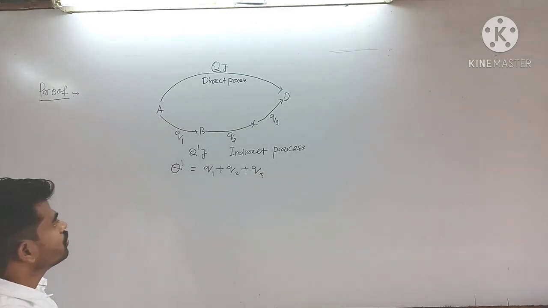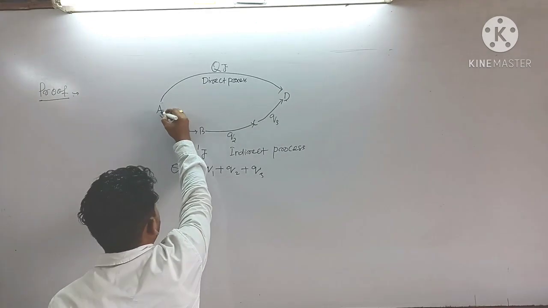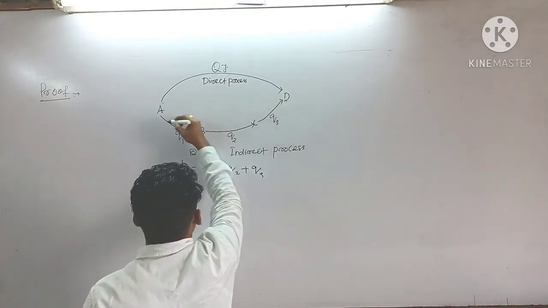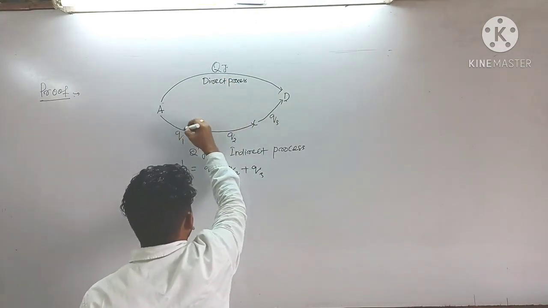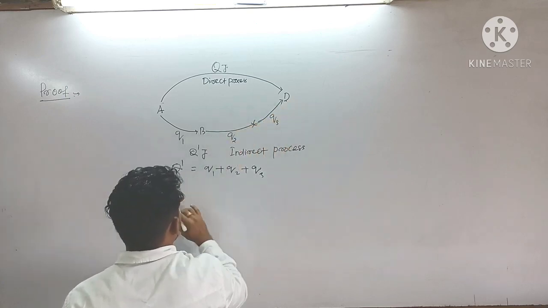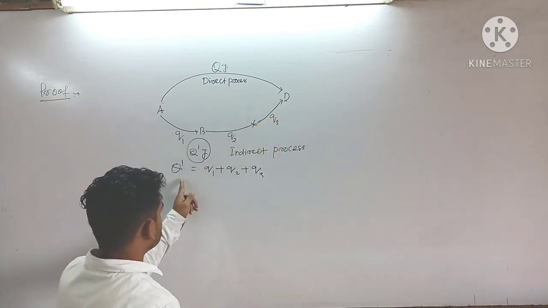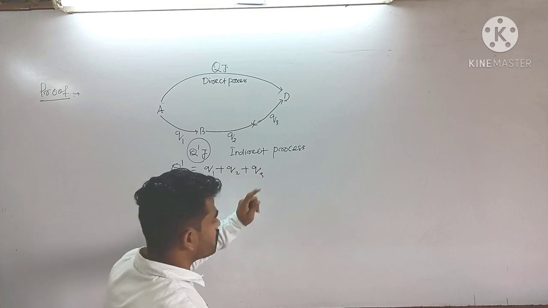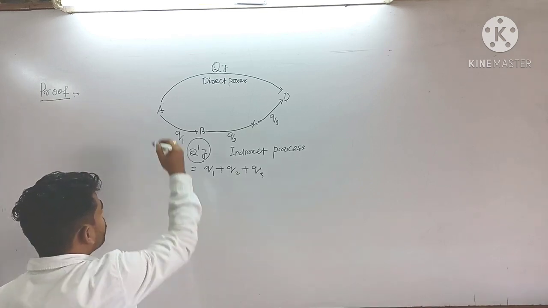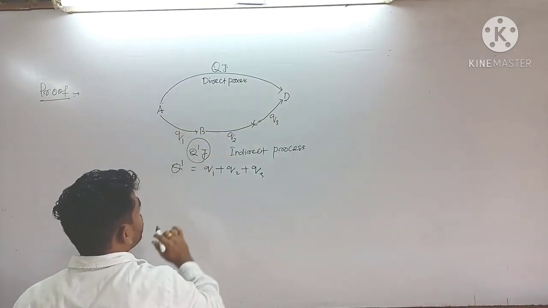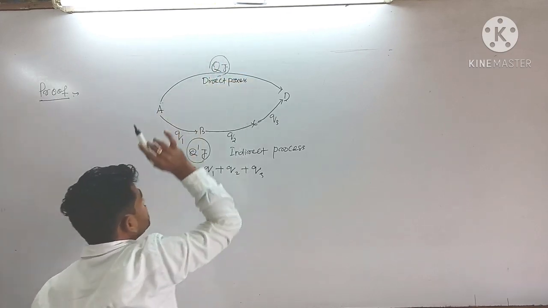That's clear? If A to D, I am proceeding in this way, the amount of energy evolved is Q dash joule, which is equal to Q1 plus Q2 plus Q3. And from A to D the direct way, the amount of energy evolved is Q joule.